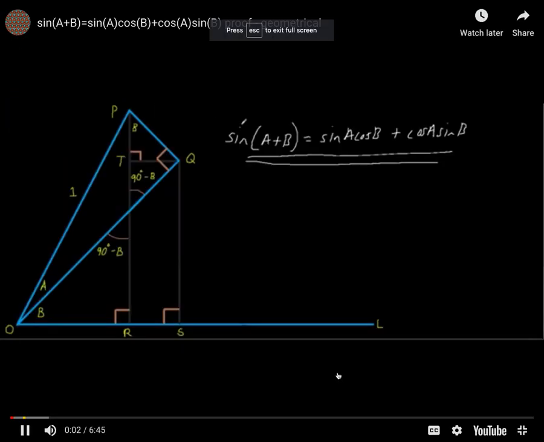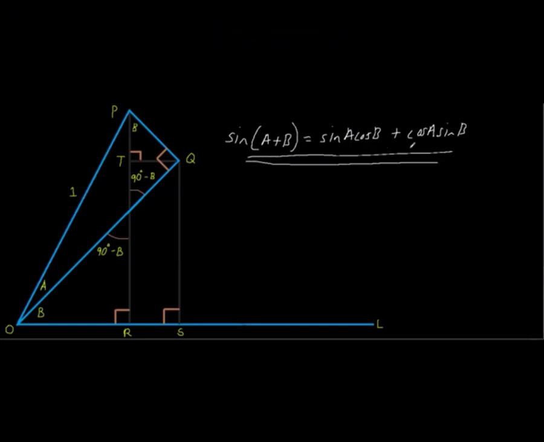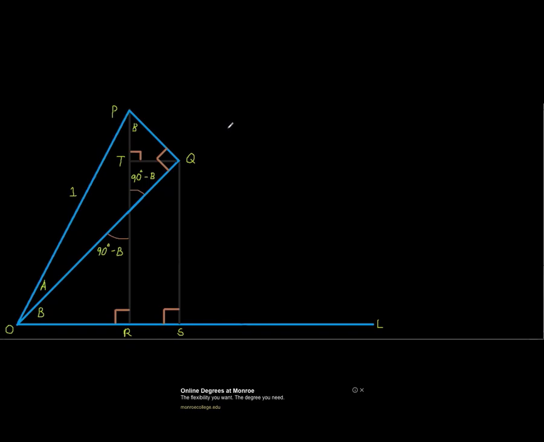Hello, in this video, I'd like to show you why sine A plus B is equal to sine A cos B plus cos A sine B. Now, before we begin, please take a look at this diagram here to your left and see if all its contents are correct. If you're satisfied with this drawing, please continue watching this video. Now, the first thing we need to know is what is sine A plus B. So we're going to put opposite over hypotenuse.